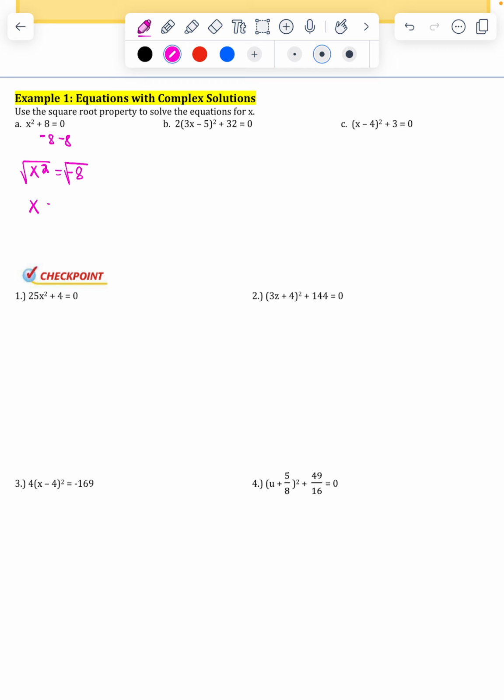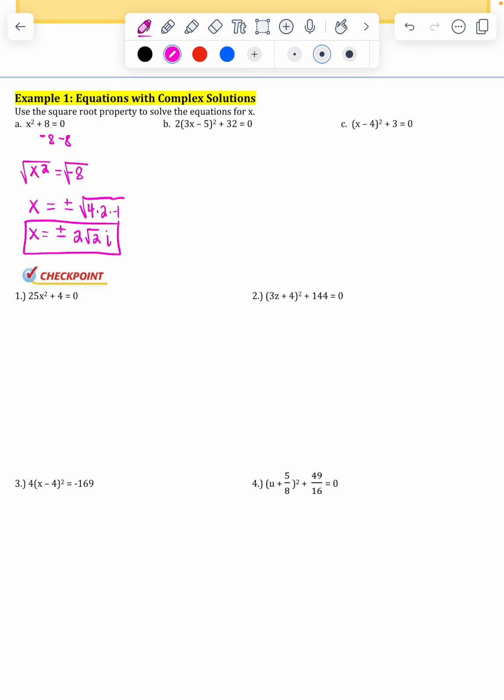But when I do this, I'm going to get x equals plus or minus, and then we would want to rewrite this as 4 times 2 times -1. And the square root of 4 is 2. The square root of 2 will stay the square root of 2. And the square root of -1 is i. So this would be the two locations of this imaginary quadratic where it crosses the x-axis.